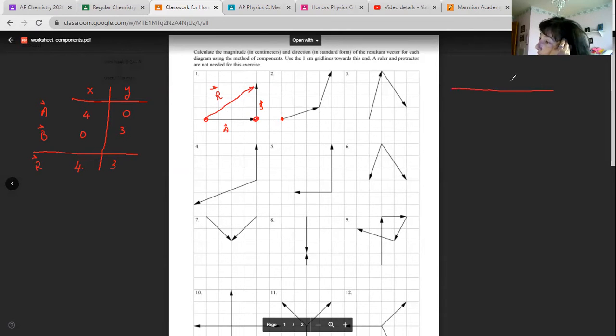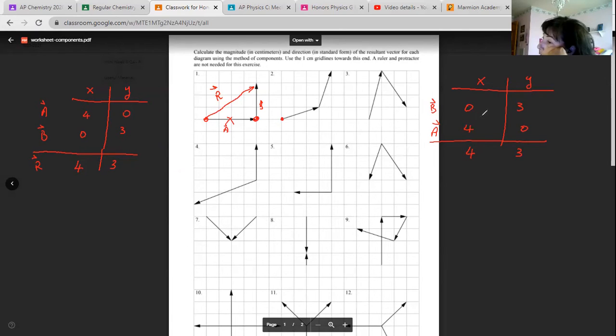So in this case, I still have my table X and Y, and I have vector B first, and vector B says 3 north, and vector A after. And vector A says 4 east. So the resultant is still going to be 4 and 3. The difference is that this vector will not be here because I'm walking B first.